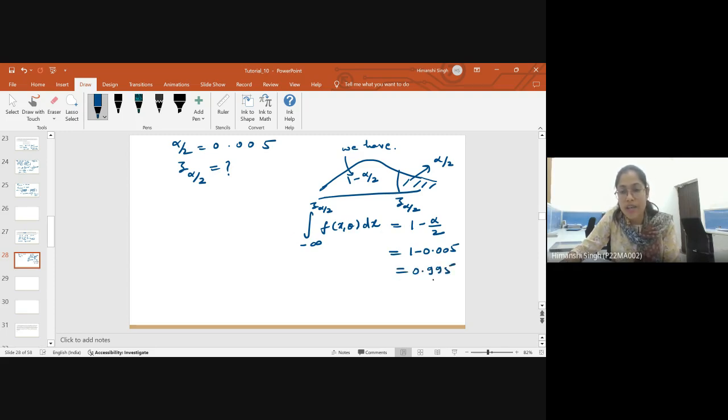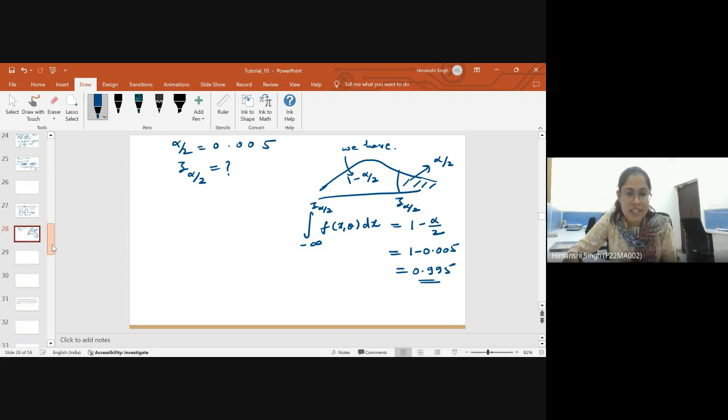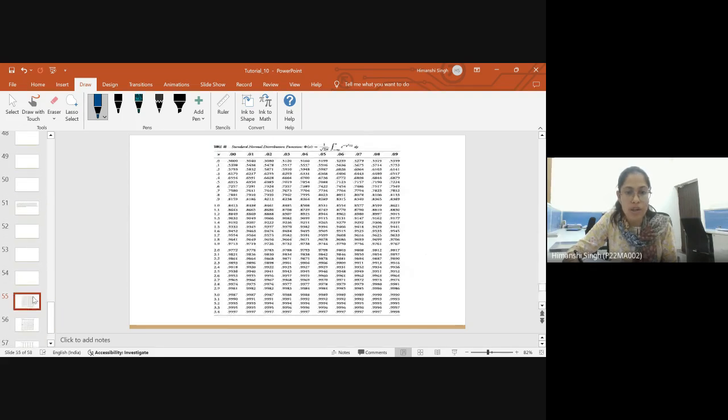So we need to find this point in the table. I am emphasizing this because, just like the t table, you cannot directly find the value for alpha by 2 equal to 0.005 and write it down. That is not the case here, because in this table the values are given as areas from minus infinity to x.